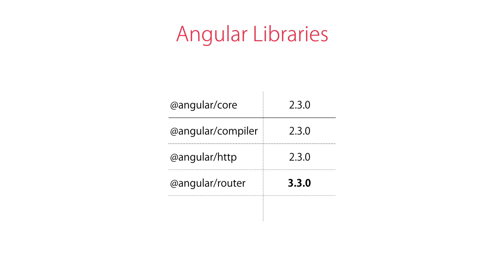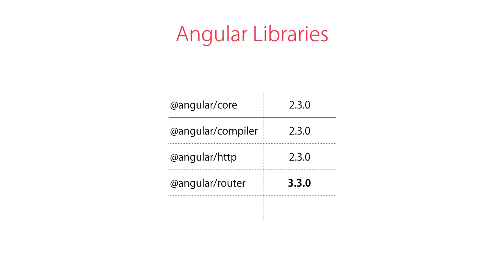Angular consists of a few different libraries that are distributed as separate node packages via NPM. For example, we have the core library that we use in every application. We have Angular compiler. We have Angular HTTP for calling HTTP services. We have Angular router for adding navigation to applications and a few other libraries.